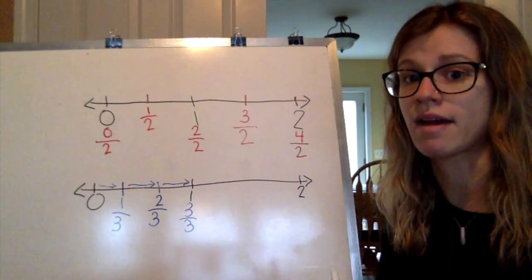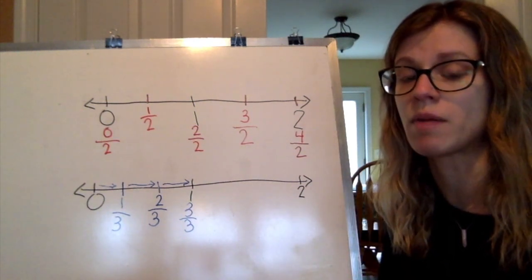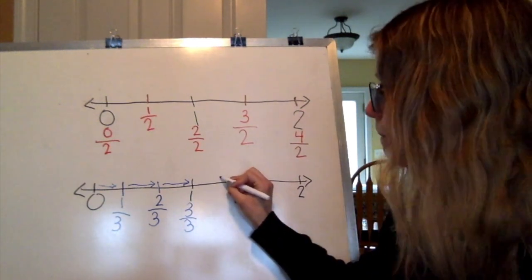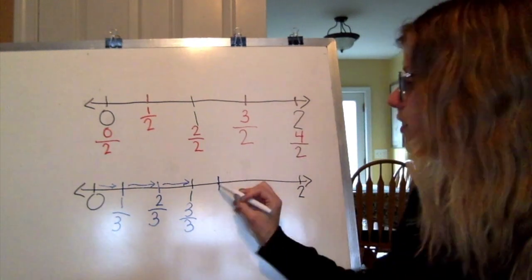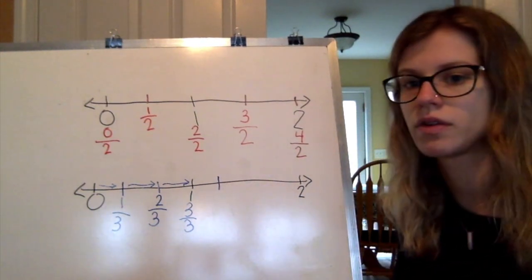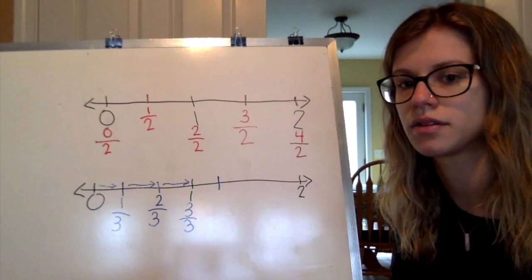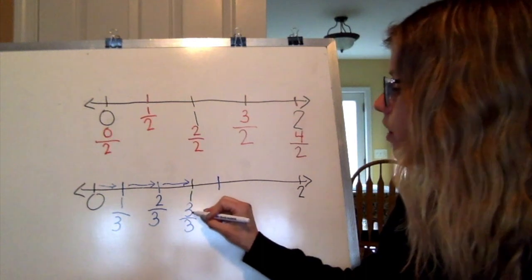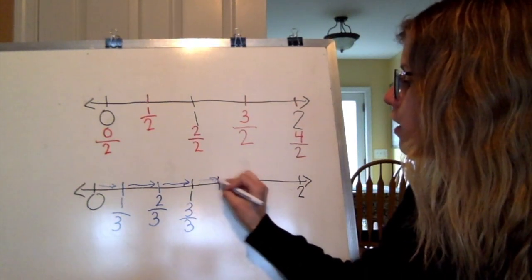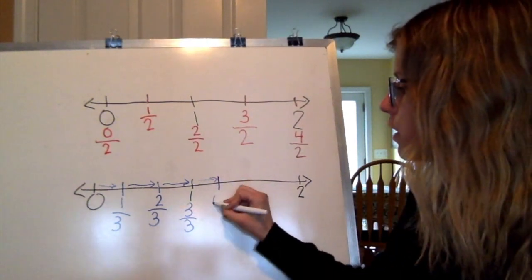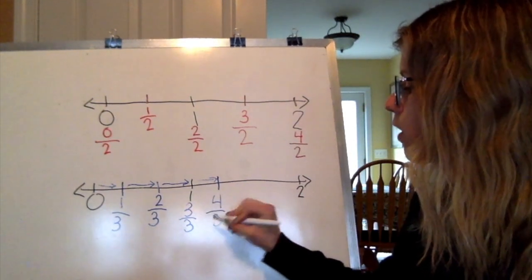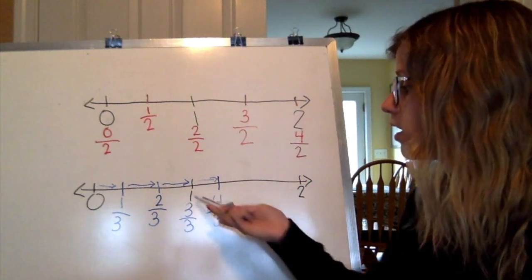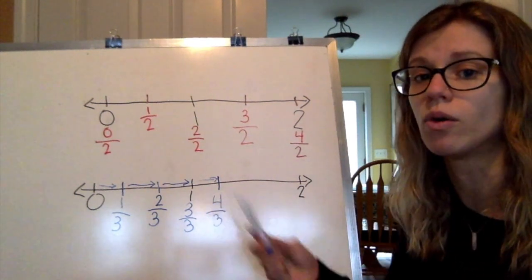What's going to be my next third that my ant is going to stop at? He'll stop right about here. My next third. Now I want us to think 3/3, and now he goes 1 more third, so it'd be 4/3. And again, I want to repeat that my numerator is bigger than my denominator because it's more than 1 whole.